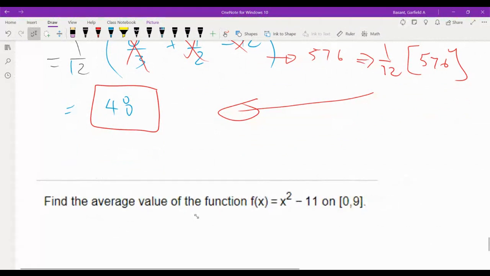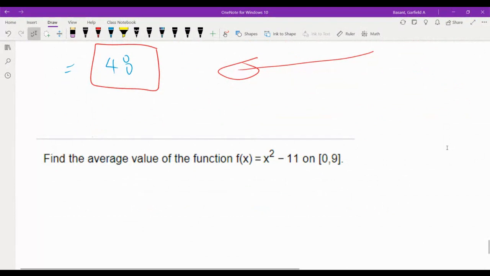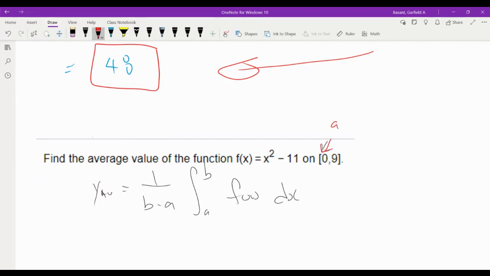So here's another one. Find the average value. Once again, the average value, y average, is equal to 1 over b minus a times the definite integral from a to b of f of x dx. Our a is the first number, the lower x value, and our b is the upper right value.